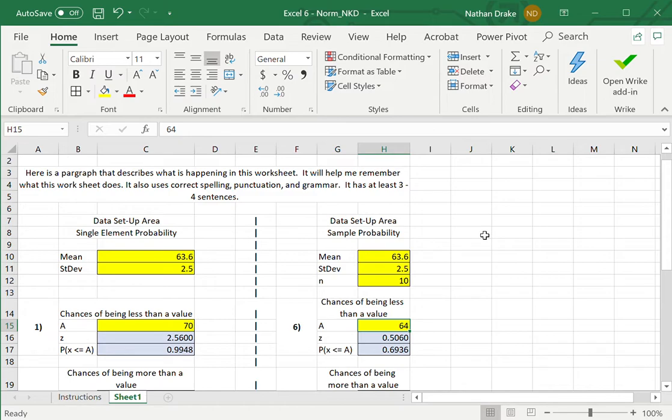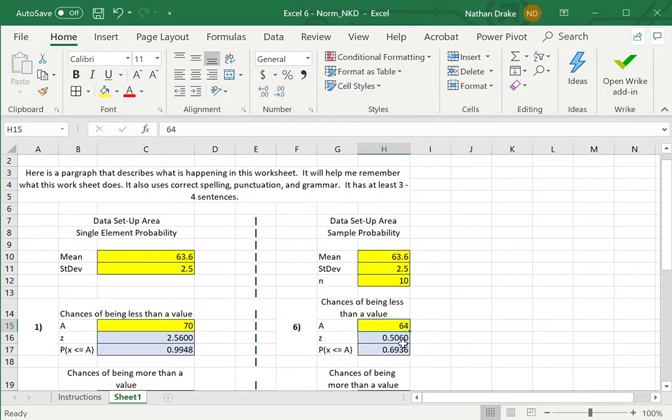Now remember, here we're thinking about this being a sample mean, and so when we convert this to a z-score, it is this data value right here, the 64, minus the mean divided by the standard deviation of all of the means. And so to find that, we take the standard deviation of the individuals divided by the square root of the sample size, right?